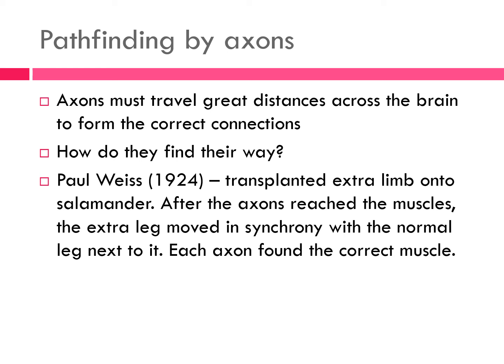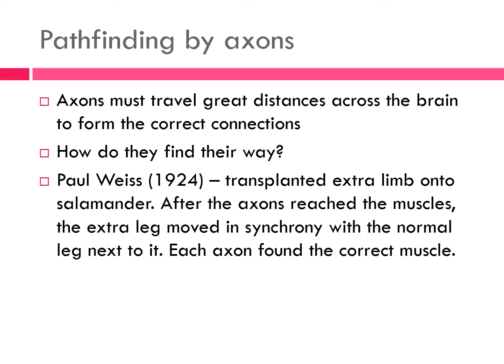So salamanders and other amphibians, unlike mammals, they can take a new limb and it will start to just move in synchrony with the limb that's next to it. And how Weiss interpreted this was, if I'm remembering this correctly, that many neurons were sending signals, and that it was just that those muscles were recognizing the appropriate neurons.